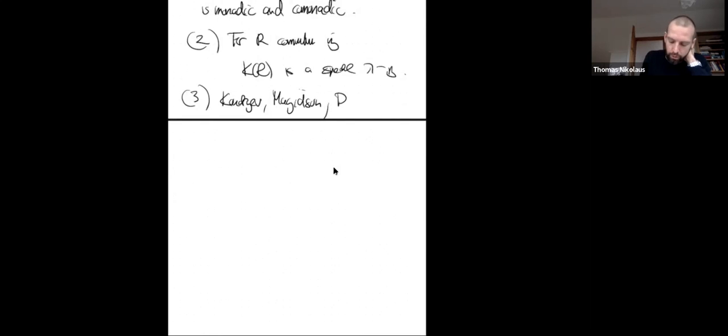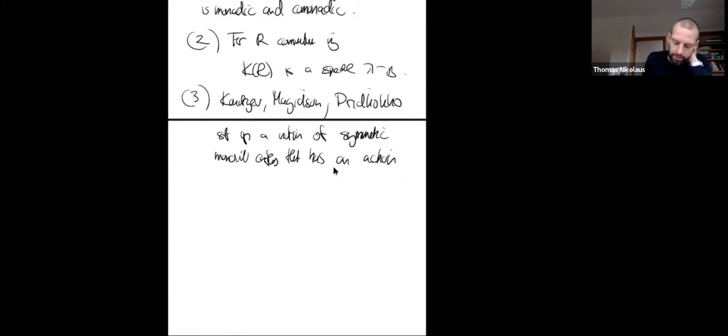And Artem Prikhodko. So they set up a notion of symmetric monoidal category that has an action of the strict polynomial functors, or rather an infinity version of strict polynomial functors.